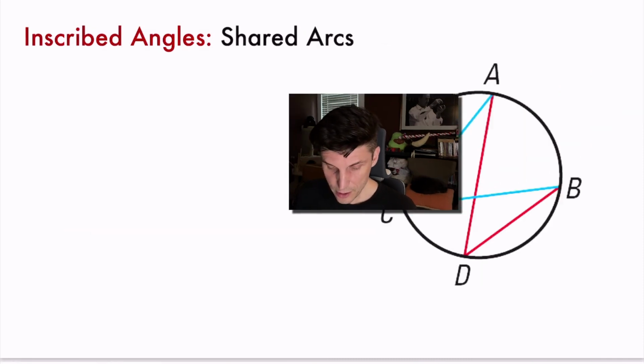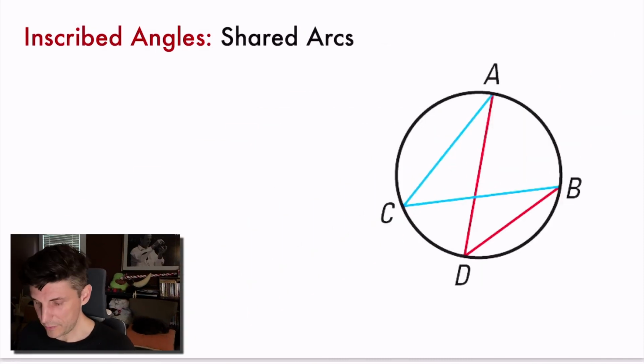Shared arcs. Again, you might want to pause the video and see if you can make any assumptions about inscribed angles that share an intercepted arc. Okay, well, if you did that and came back, let's take a look at arc CD here.